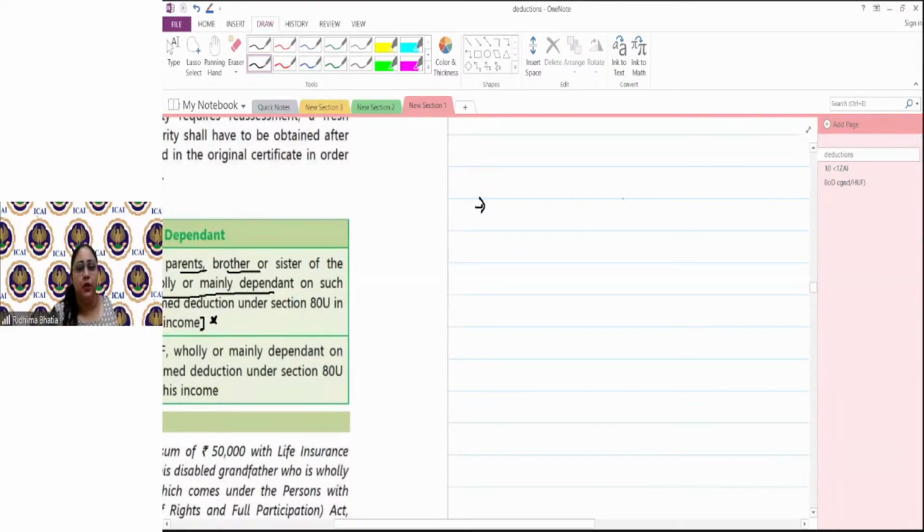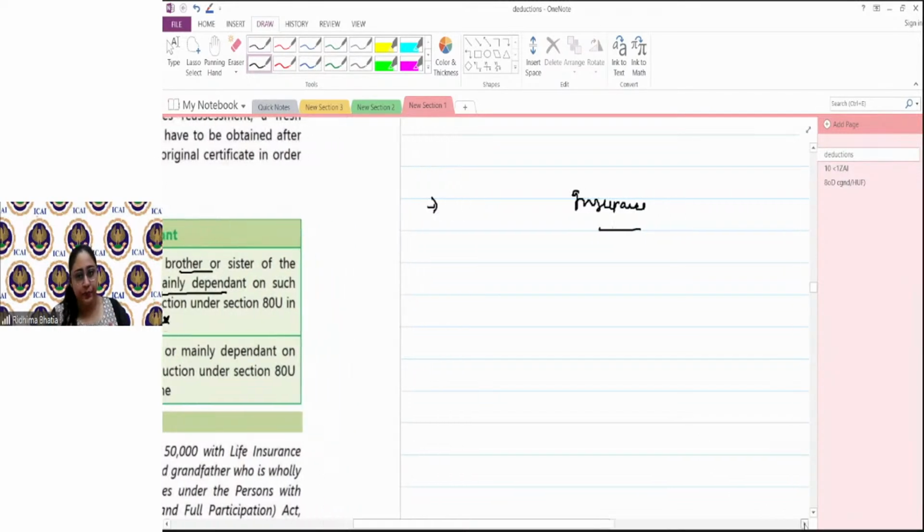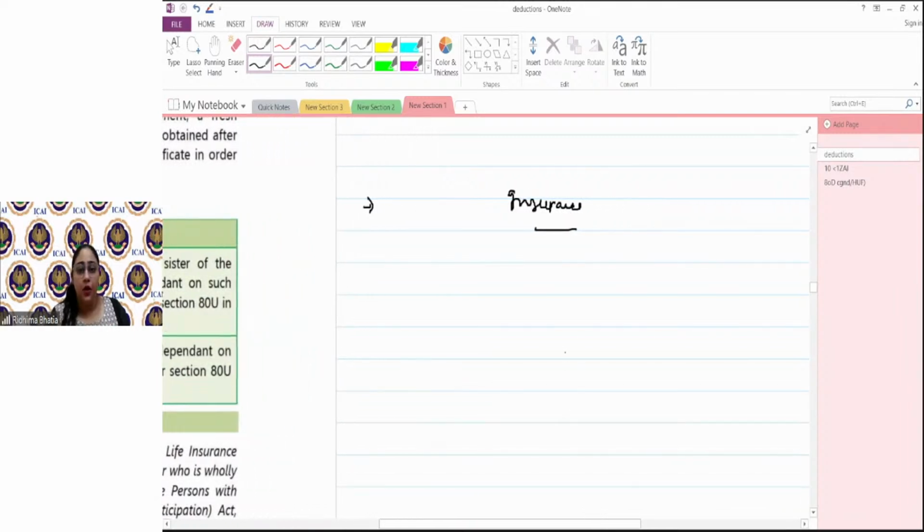Now, ab ek baat batao. I talked about insurance, theek hai? That there is an insurance which is running for the dependent person. Ab insurance ka maturity aayega, annuity ya lump sum amount aayega, guys? Yes or no? Correct. Now, once the insurance policy matures or once the insurance policy gives the return, two cases can happen.